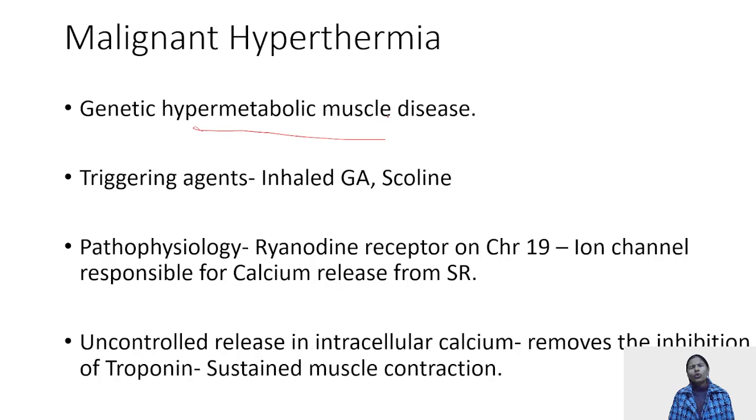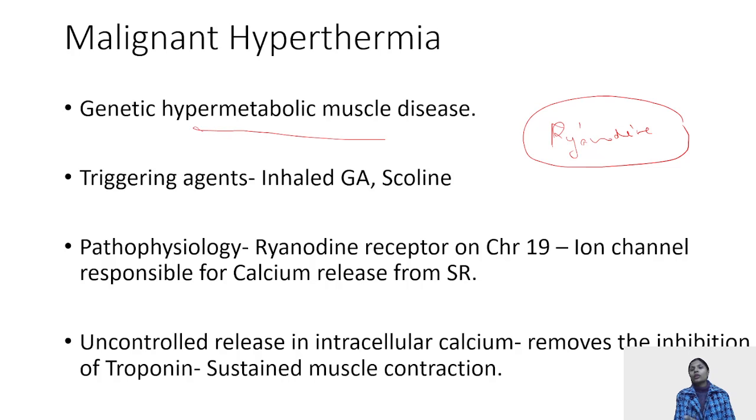These are the two drugs which have been seen to produce malignant hyperthermia to the maximum. The pathophysiology is, we have calcium receptors known as the ryanodine receptors on chromosome 19. These ion channels are responsible for calcium being released from sarcoplasmic reticulum.